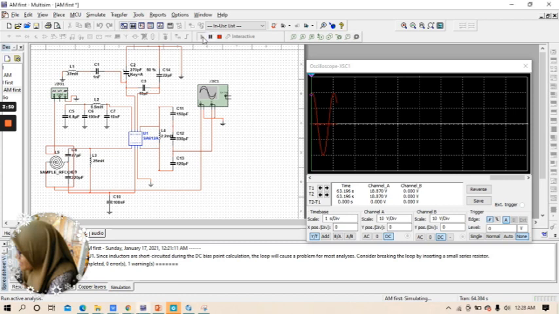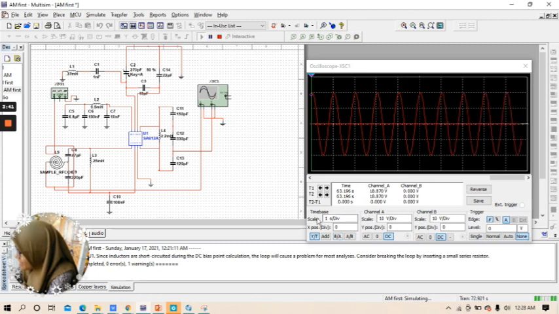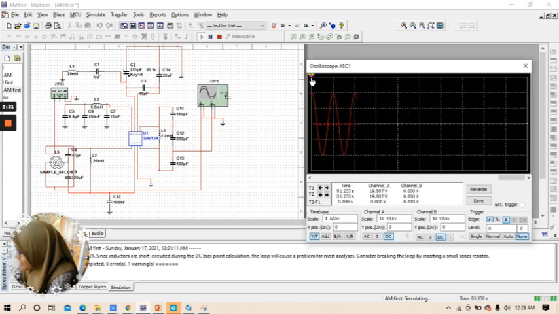So when I do the simulation for this circuit, this is the output for time base 1 second, and this is the value when we move the cursor.